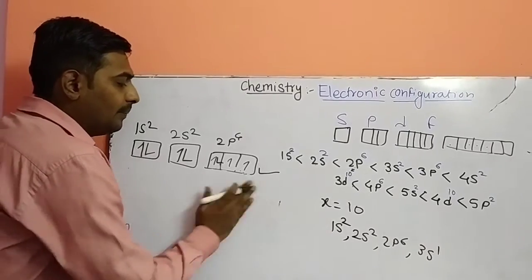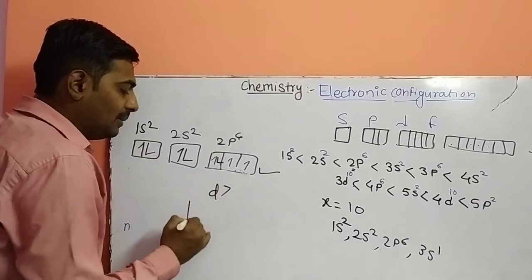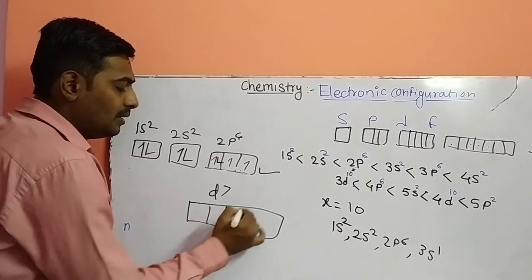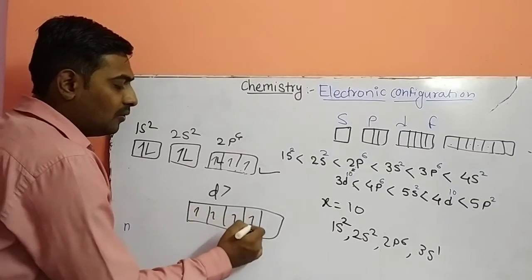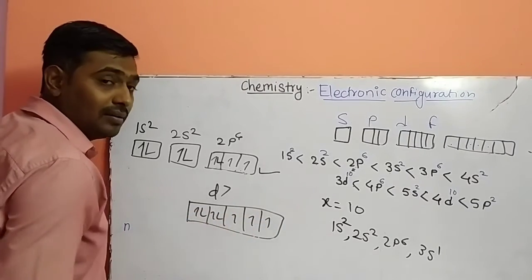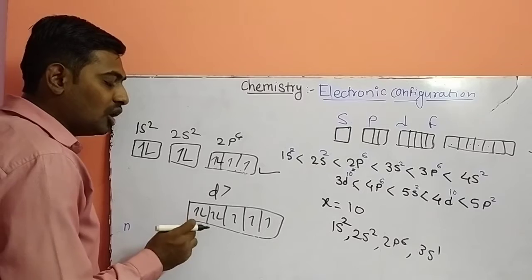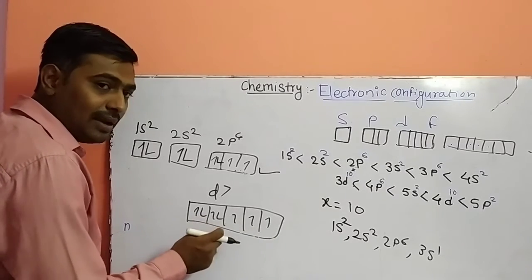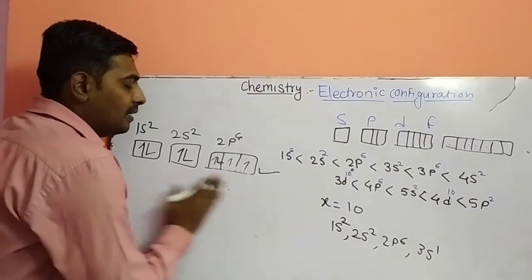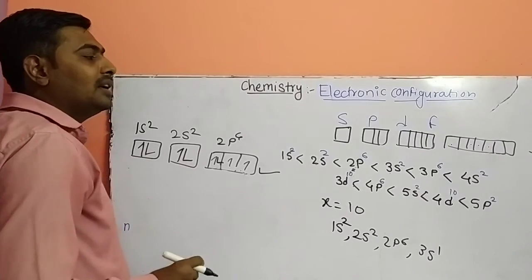When we have to write d7, it will be like this: 1, 2, 3, 4, 5, and 6, 7. Same with the f orbital.